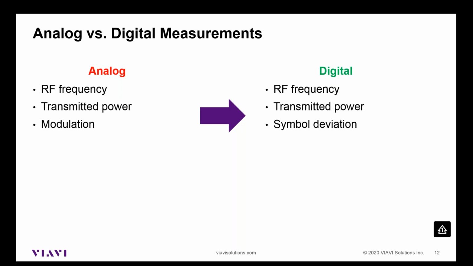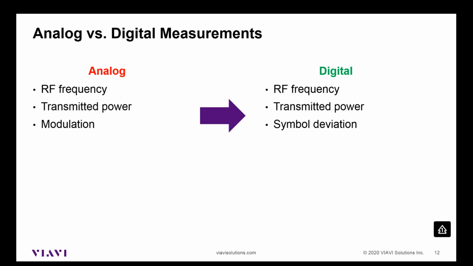But now we're looking at what we call symbol deviation. So instead of just this broad modulation that's occurring, we have very specific amounts of deviation that are required for the receiver to be able to decode that signal. If our symbol deviation is incorrect, our receiver is not going to be able to pick up that signal.